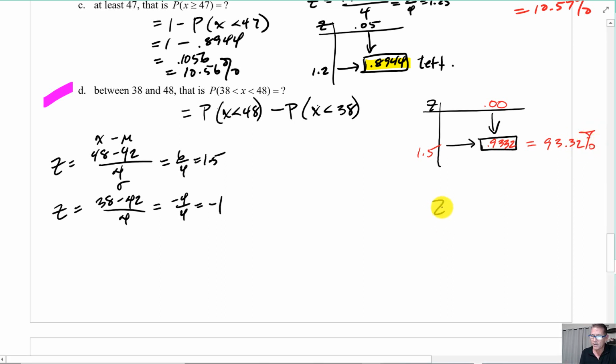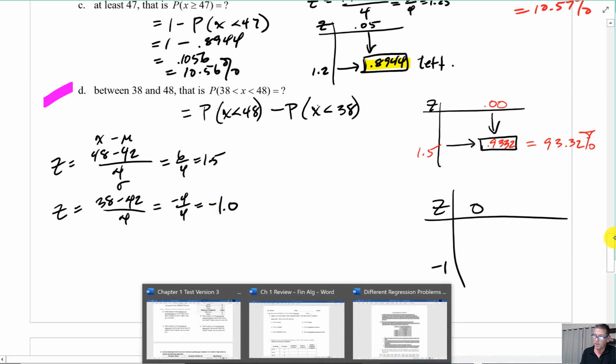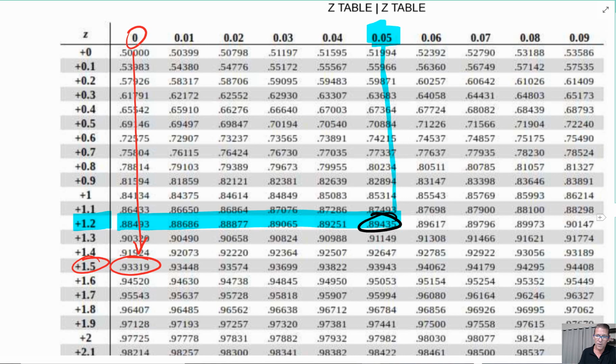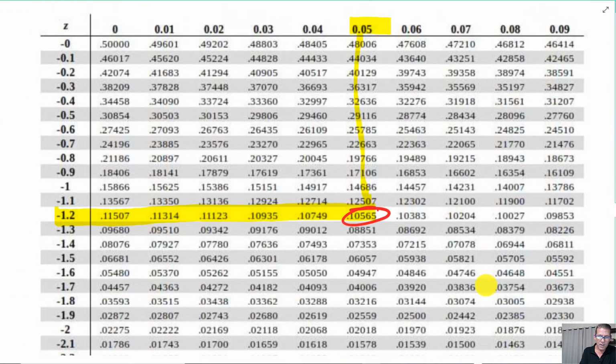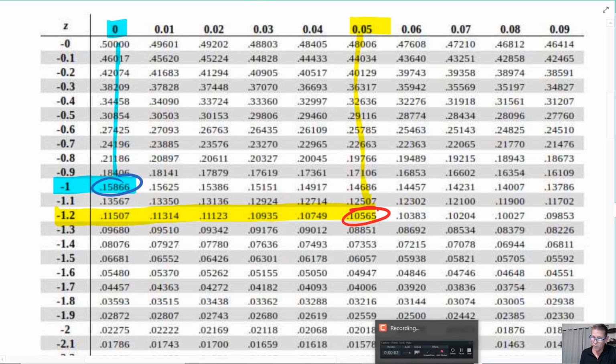All right, and the next z-value is -1. So -1 here and then 0 here. -1.0 is the same as -1, right? So you just look at the z table and find -1. Let's go to the negative side. Okay, -1 is here. -1 and then 0. So I see 0.1587.